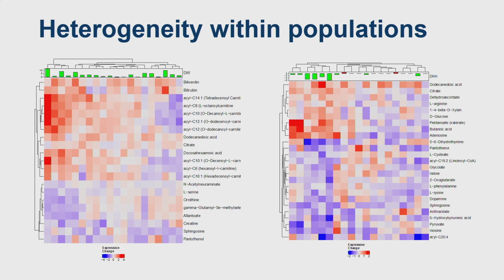The ones closest to me on this side seem to really have an increase in the acylcarnitine group, suggesting there may be differences in the way they create energy. But then there's a second group that also gained a significant amount of weight that doesn't appear to have that happening. So this is one example of how you could begin to stratify patients based on their metabolomic signature.